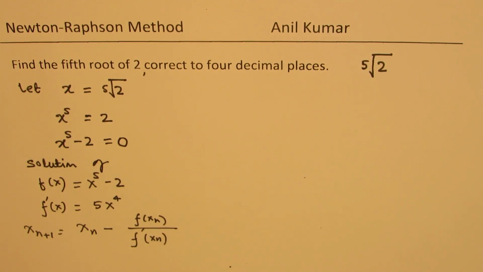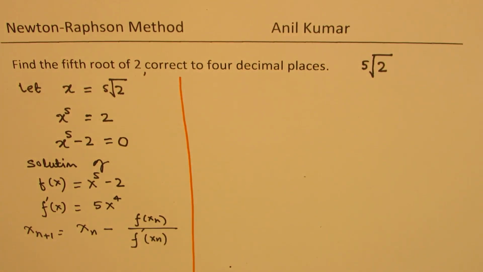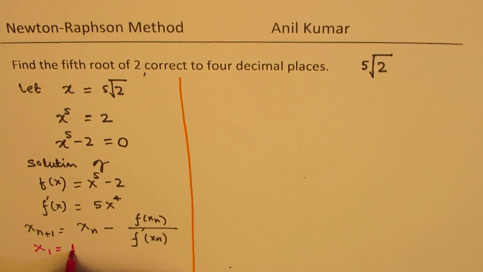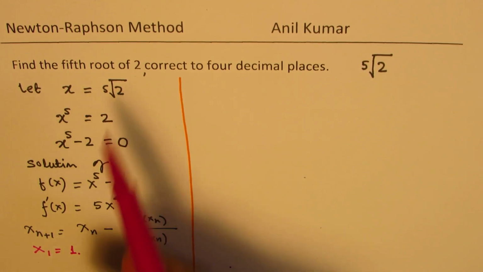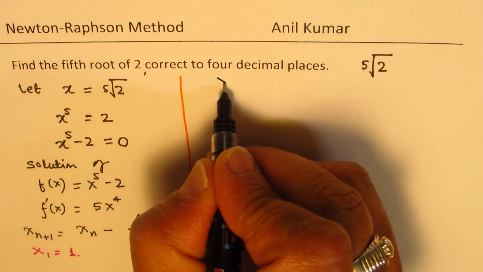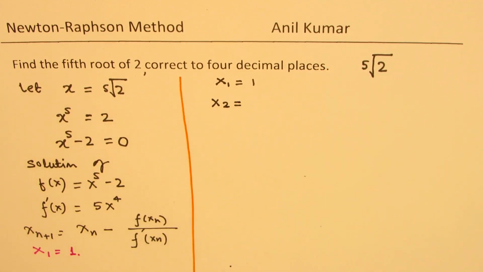With this information, you can always pause the video and answer. The critical point is, what could be the starting point? Let's take x1 equal to 1. We're expecting the root to be more than 1. Okay, so let's now begin. We are saying that x1 is equal to 1. Now we need to find x2.